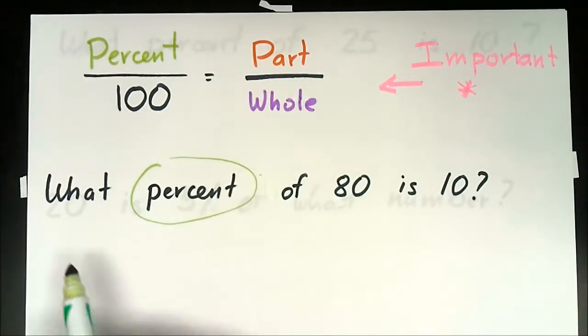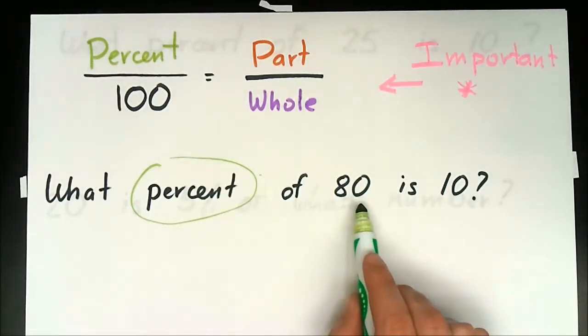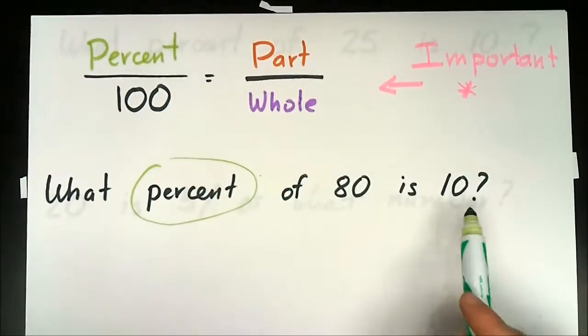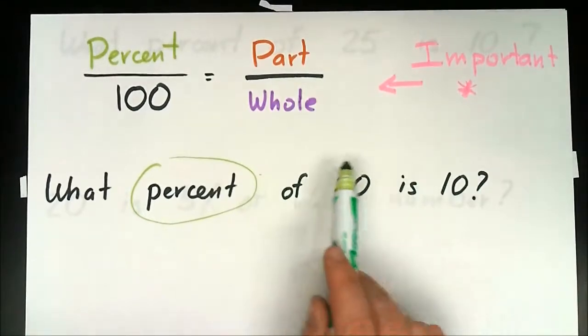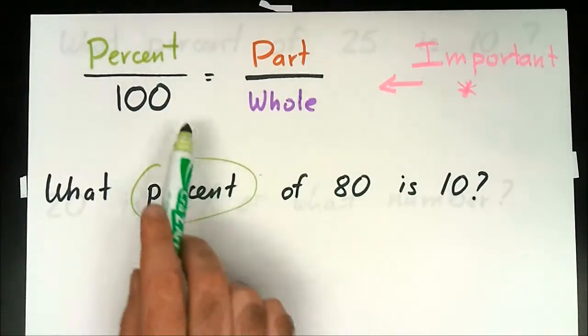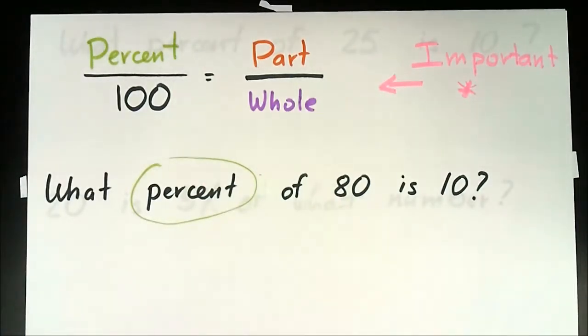And they gave us 80, which is the whole, 10, that's the part. How do I know that the 80 is the whole and the 10 is the part? Well, the whole is always the bigger number. So we're looking for the percent. We're being given the whole and the part. Now all I have to do is plug it into our nifty little formula and it should work.